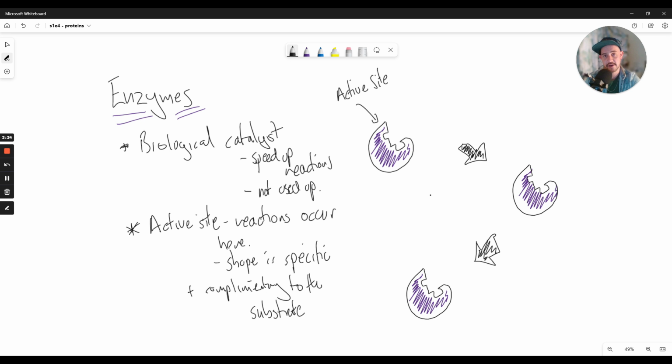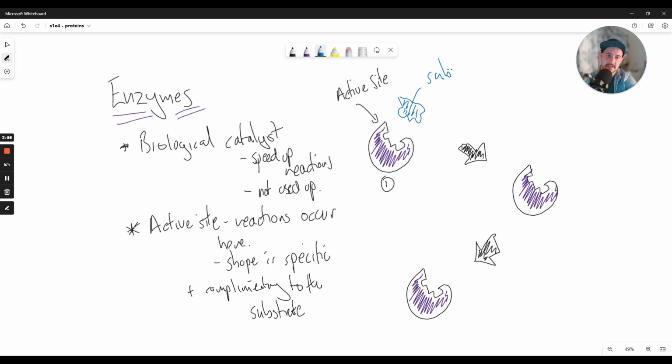So let's have a look at our diagram, and I'm going to add a little bit of steps as we go through. So step 1 here, we have our enzyme, and it has its active site. And I'm going to draw now the substrate that it works on, and the substrate will look a little bit like this. As you can see, it fits neatly into the shape of the active site.